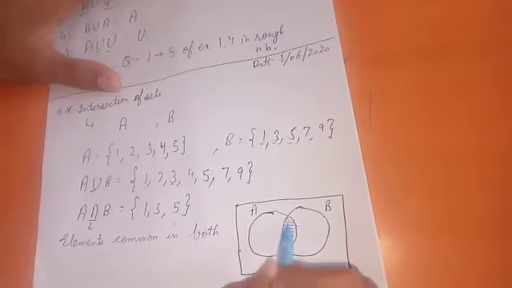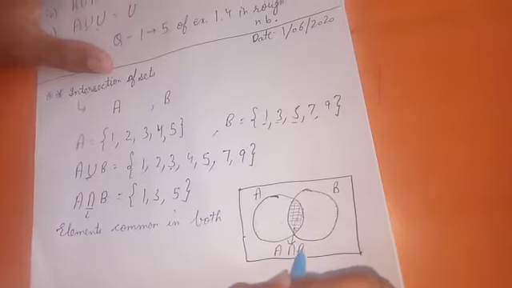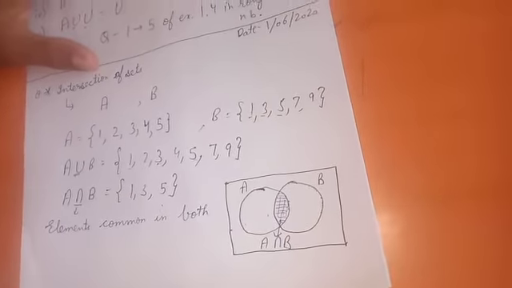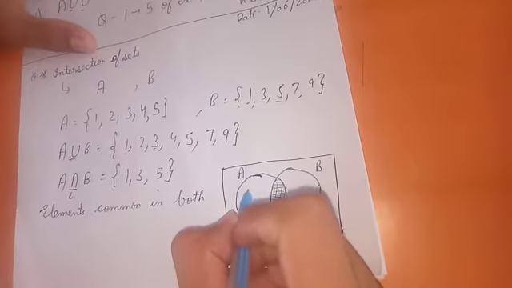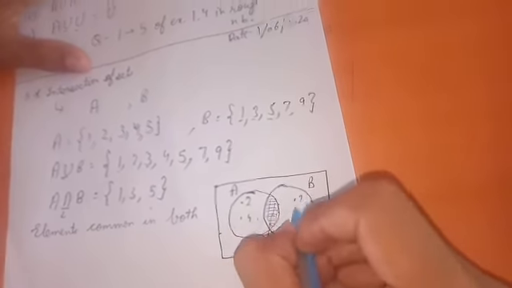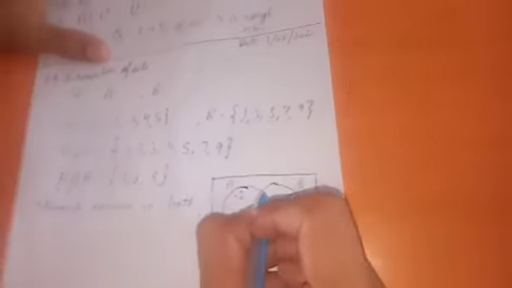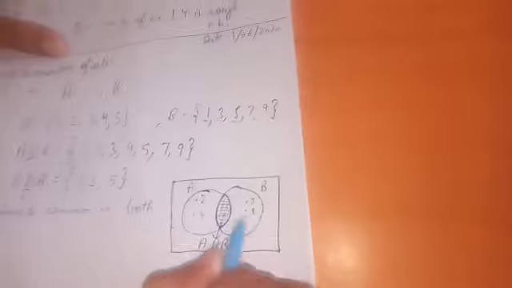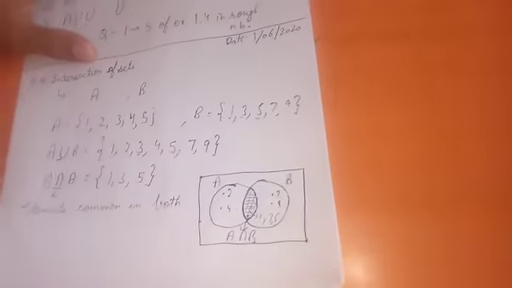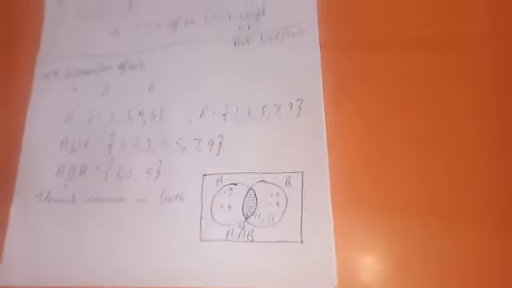If we shade this area, it represents A intersection B. If we write the elements here: 2, 4 here, 7 and 9 there, and in this small area we write 1, 3 and 5. It is our A intersection B.